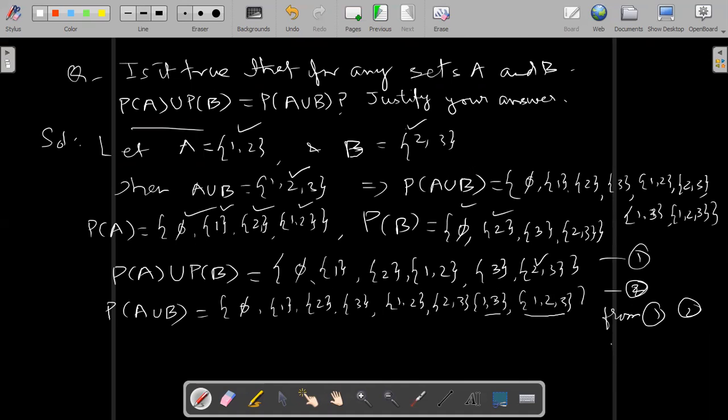So from first and second, we observe that the union of power sets and the power set of union are not equal. Okay, so it's very simple.